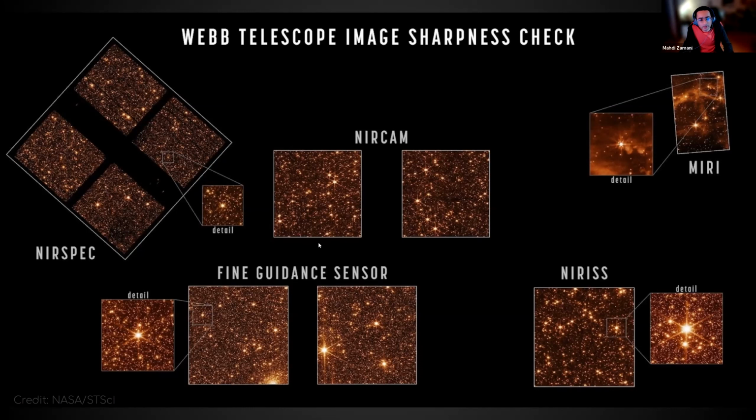But the primary imaging instruments on James Webb are NIRCam, which is in the center.